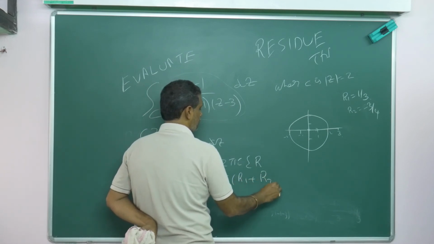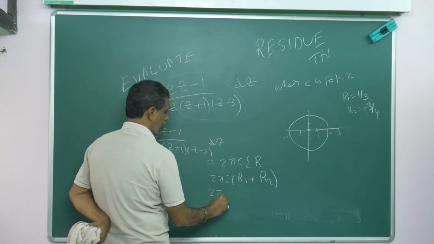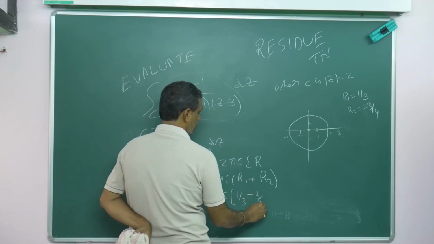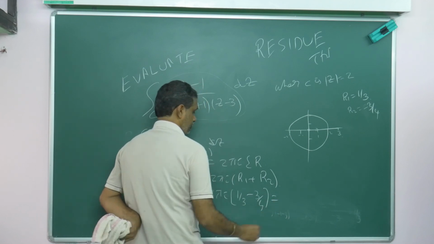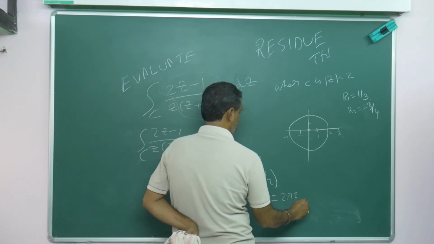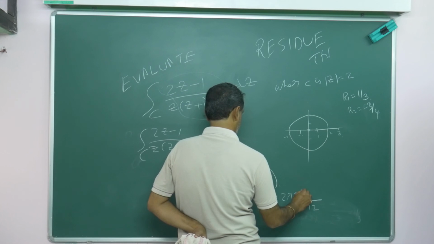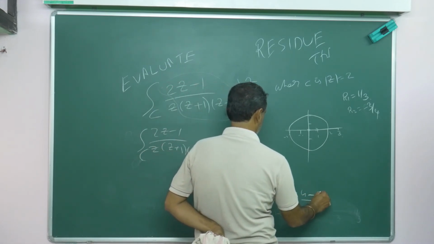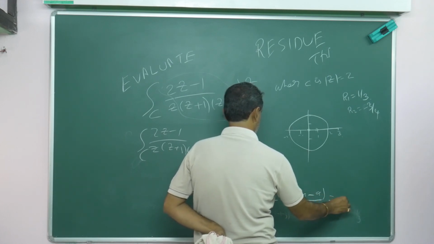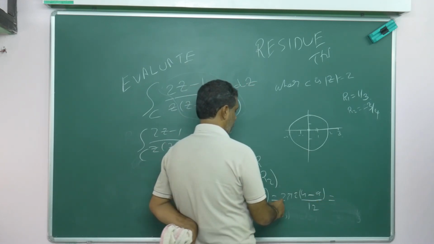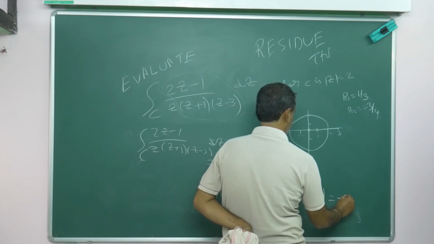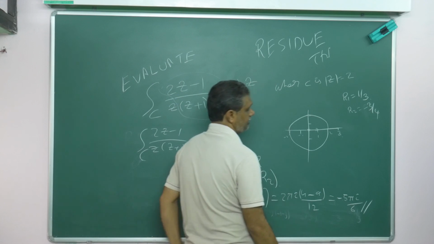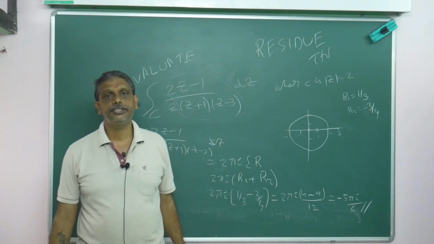R1 plus R2. 2 pi i into (1 by 3 minus 3 by 4), which is 2 pi i into (4 minus 9) by 12, that is minus 5 by 12. The 2 cancels, so minus 5 pi i by 6. This is the value of the integration.